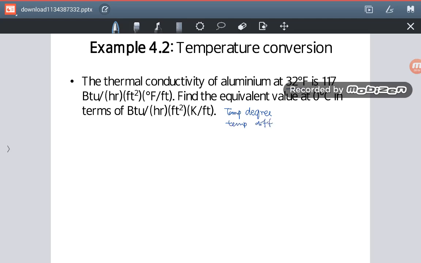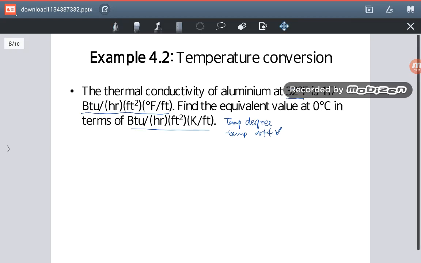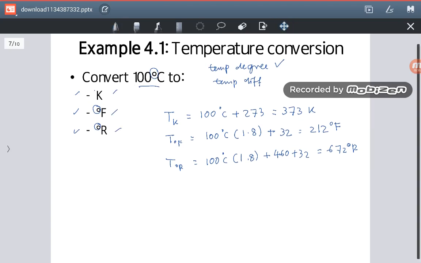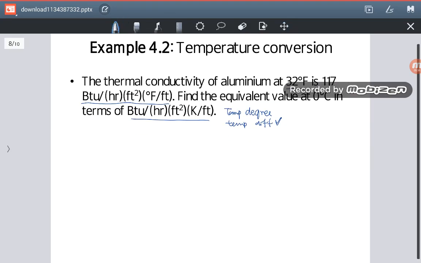What do you think? One of the ways to see whether it's a temperature difference or not is by looking at the units. If it comes with various units like this one, this would definitely be a temperature difference, not a temperature degree. A temperature degree will only have the unit of temperature such as Kelvin, Fahrenheit or Rankine. However, if it has to do with temperature difference, the unit will be various.